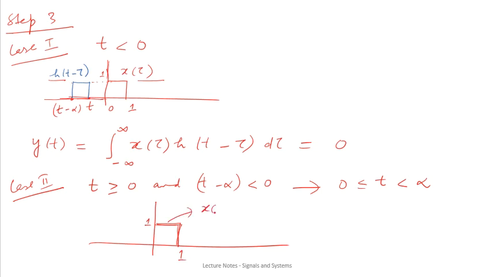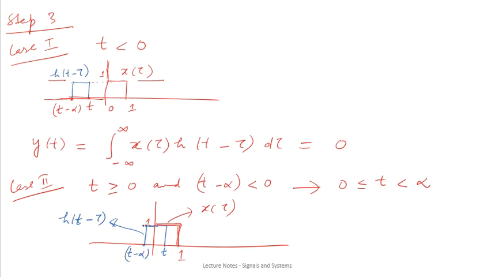Sorry, this is the x(tau) waveform. Now h(t minus tau), I will show it with a different color. So this waveform, which is shown in blue, will be h of t minus tau. This point will be t, whereas this point will be t minus alpha.